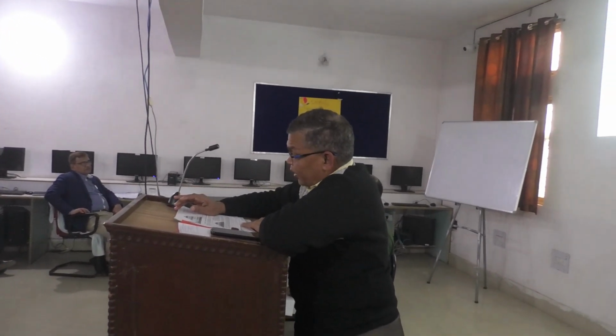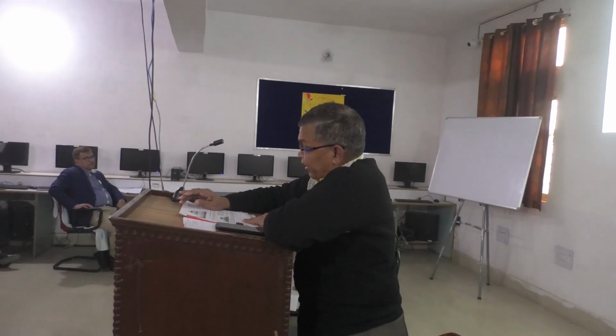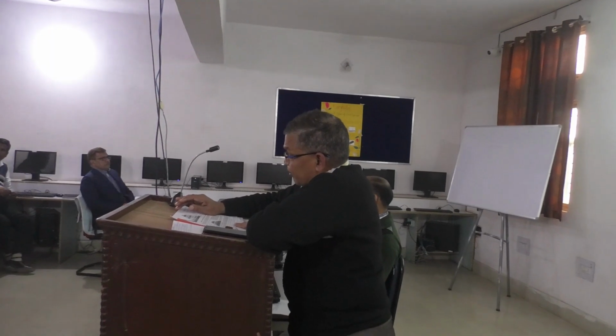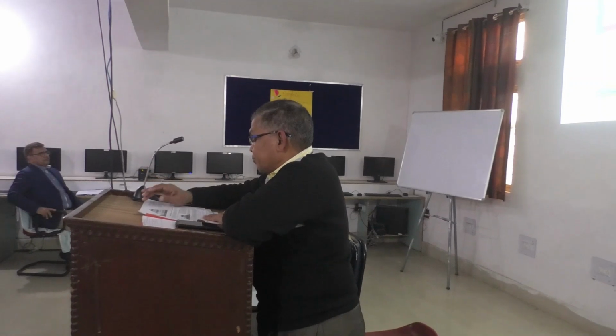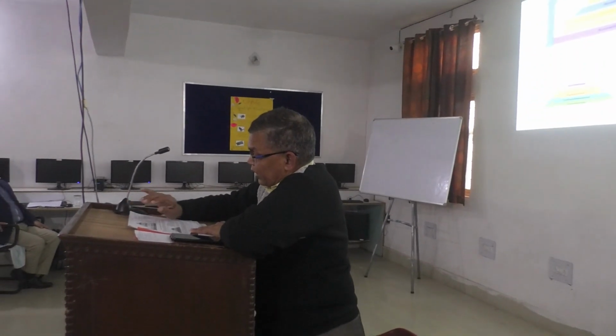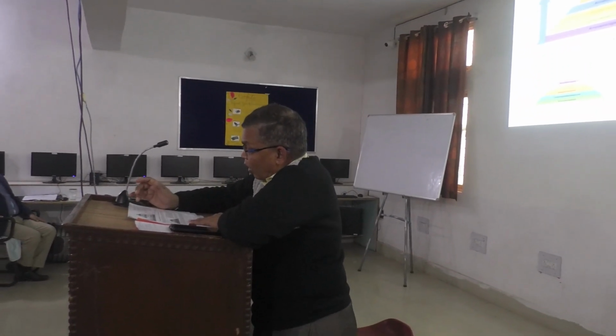Next one is comprehension. It is defined as the ability to grasp the meaning of material. This may be shown by translating material from one form to another, that is from words to numbers. By interpreting material, that is explaining or summarizing.